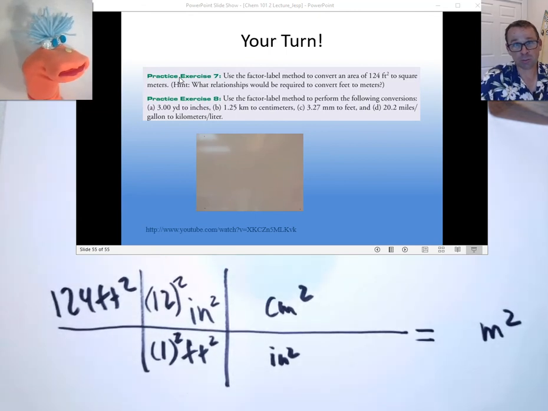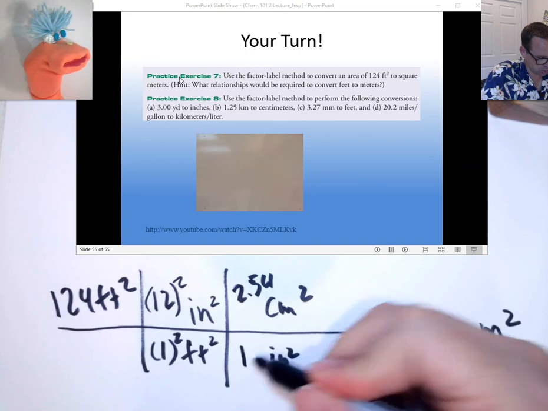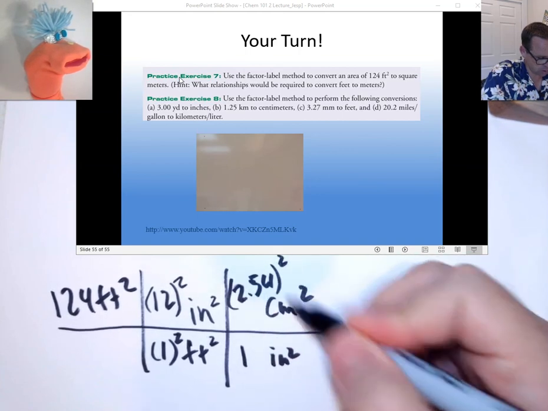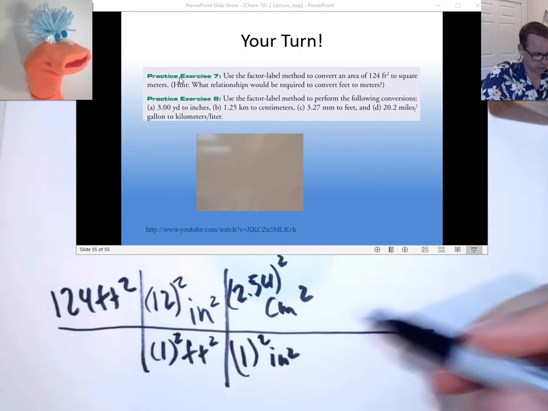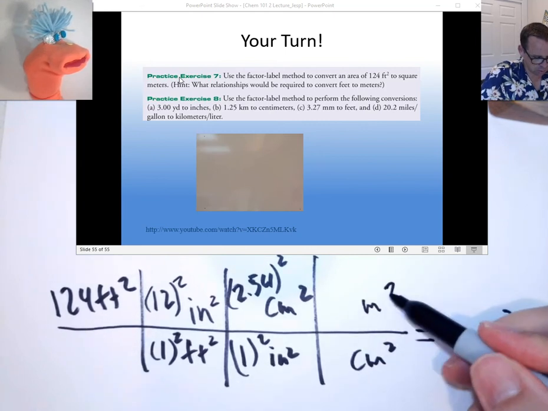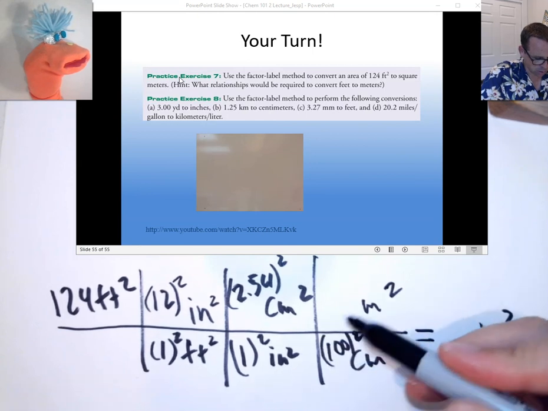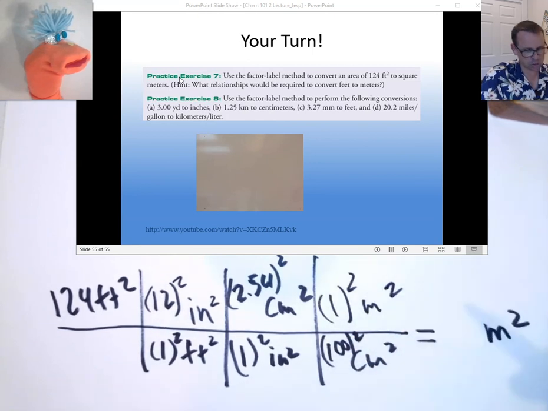Why did you choose to go to centimeters squared? I know how many centimeters there are in an inch. I remember that. 2.54. Okay, 2.54 centimeters per inch. And I'm going to need to square this because these are centimeters squared. All right. Now I can go from centimeters squared to meters squared. I know that one. 100 centimeters for every 1 meter, squared.